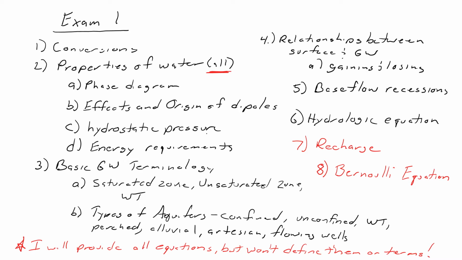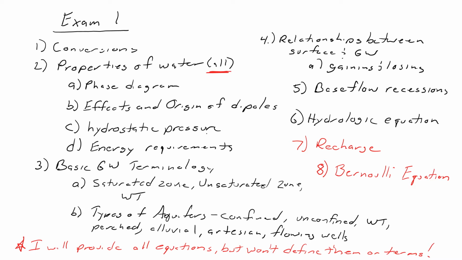But then when you change phase, you have to add in latent heat of fusion if you're going from a solid to a liquid, or latent heat of vaporization if you're going from a liquid to a gas. If you're going the opposite way, cooling things off, those latent heat values are added to the environment and lost from the water as it goes through those transitions.